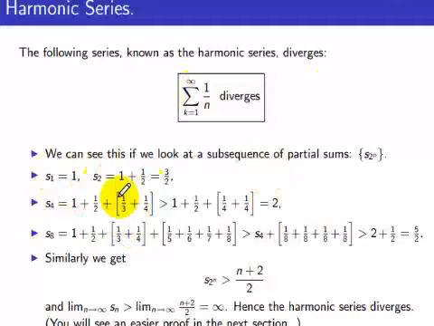So first one is 1, second one is 3/2, and you can show that the fourth partial sum is bigger than 2, and the eighth one as well, because these are positive terms, so you are adding up positive terms continuously, right?